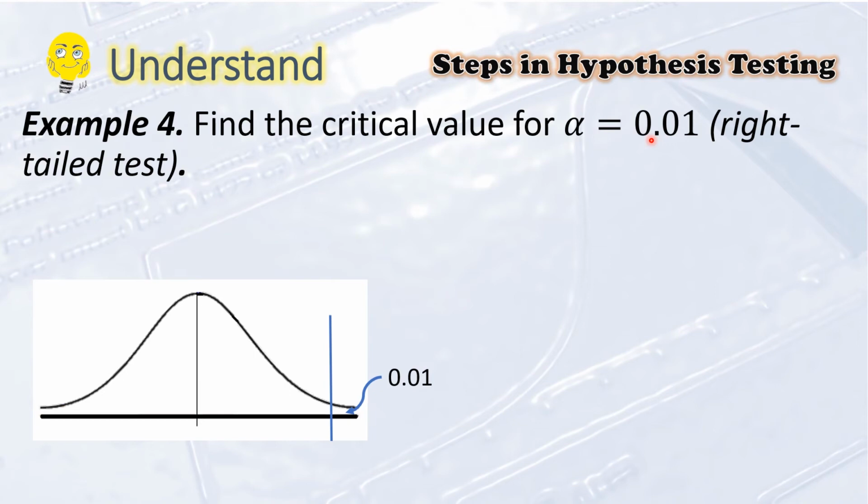Using table E, we know that the area is to the left of the Z value by default. Hence, the area to the left of the critical value is 1 minus 0.01, and that is 0.9900. This is what we're going to look for in table E, or the Z distribution table.